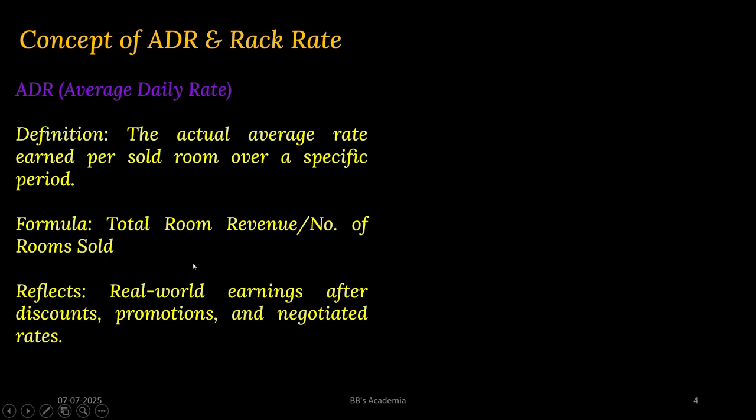Already I have discussed different negotiations, different promotional rates, corporate rates, staff rates, and different discount rates. Also, we have discussed physical location wise. This is a real earning we are talking about. The ADR will give you the reflection of the real earning after providing discounts, promotions, and negotiated rates. This is very important. Remember that.